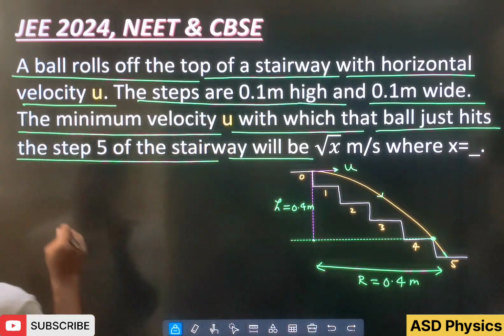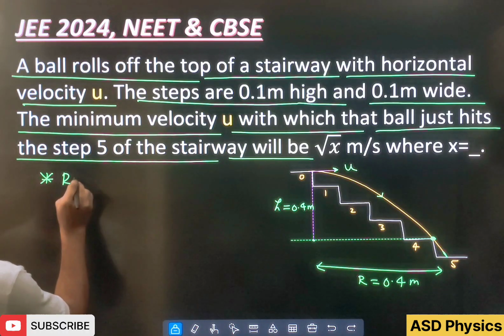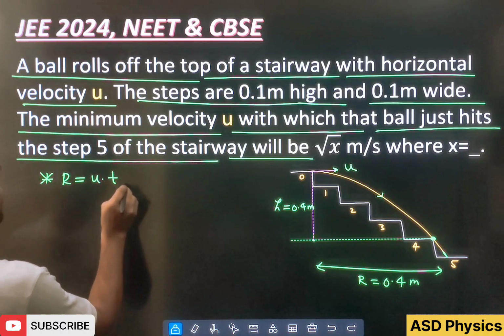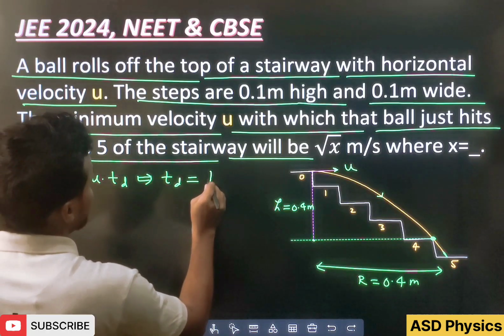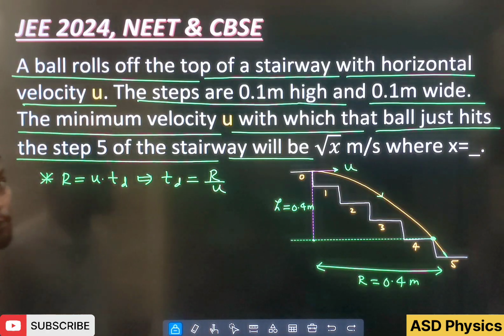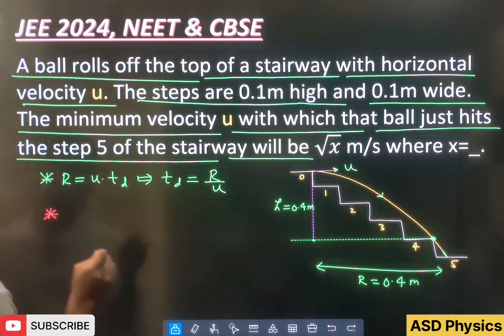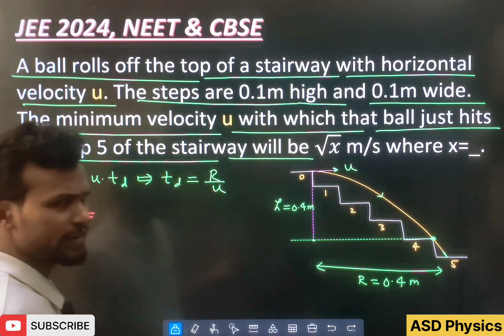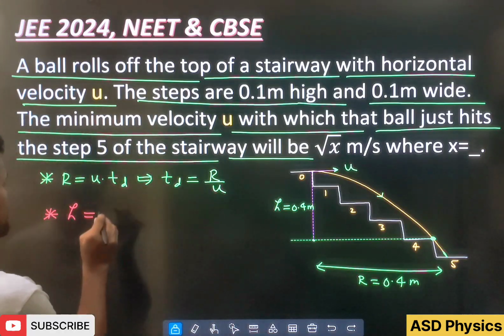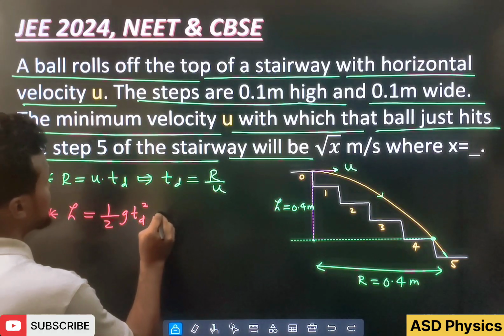Okay, so for that we'll use the formula. What is the range formula? Range is u into td. Time is not given, so time of descent I can write as r by u. After that, for height we just apply the second equation of motion in the vertical direction. All these things I have taught in a previous video. So this will become half g td square.